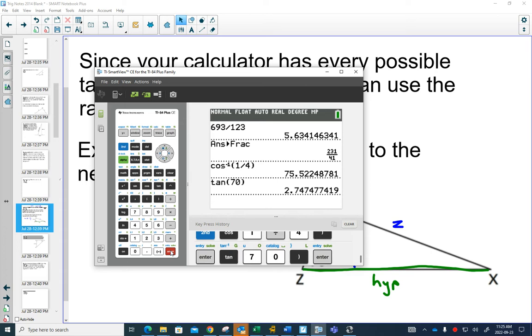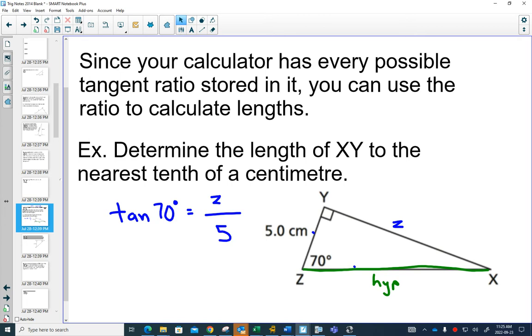Your calculator has it memorized that if you take the opposite side and divide by the adjacent side, it should equal 2.7477 dot, dot, dot. If your number is different, you might be in radians.